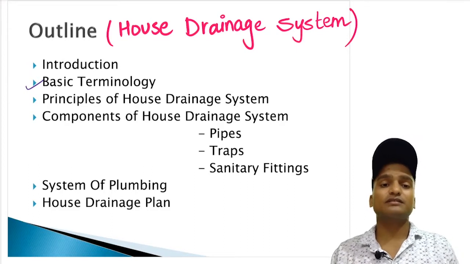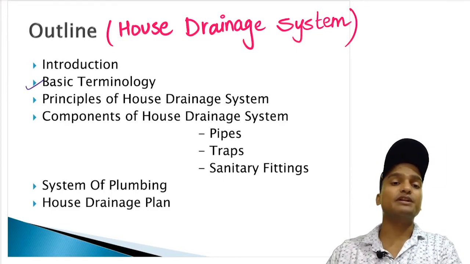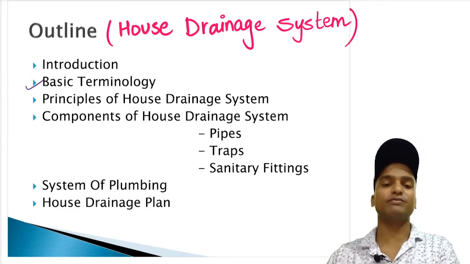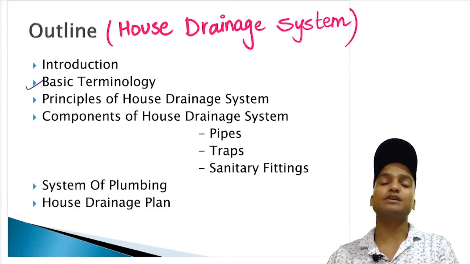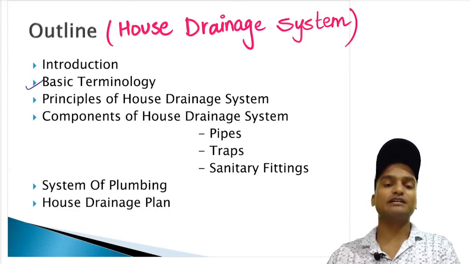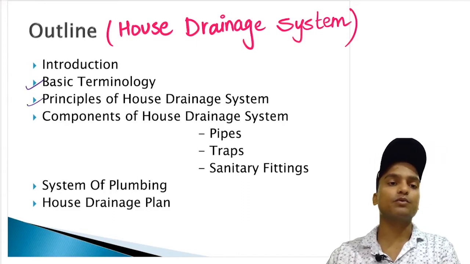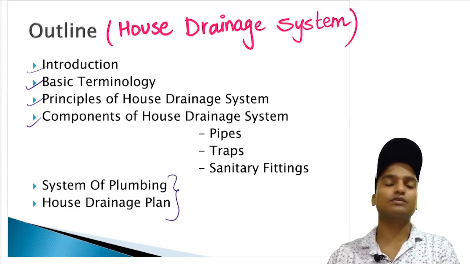There are different components for house drainage system: pipes, traps, sanitary fittings, and at the end we will discuss system of plumbing and house drainage plan. So I think in this video we would be covering till these 4 points, and in the next video we will cover up these two also.